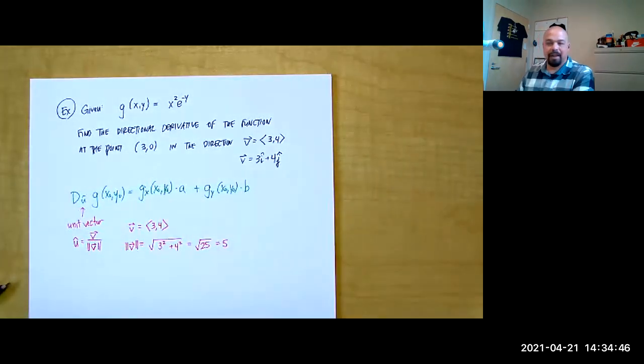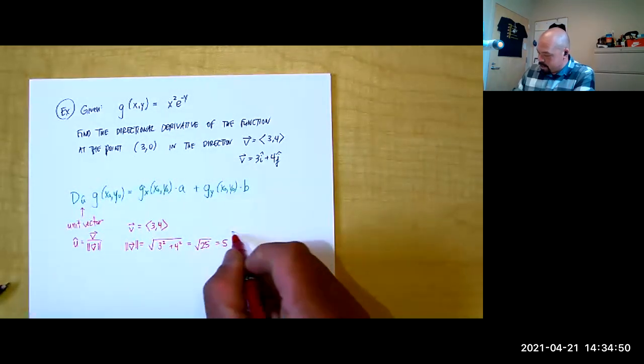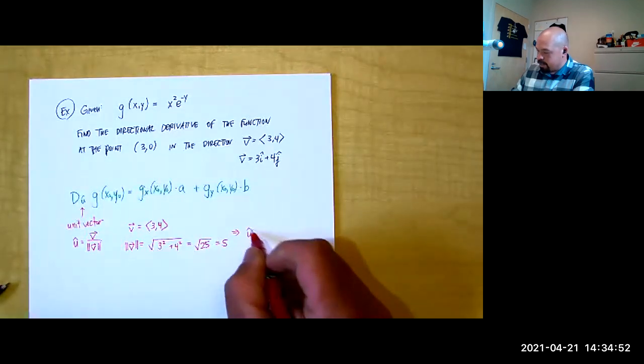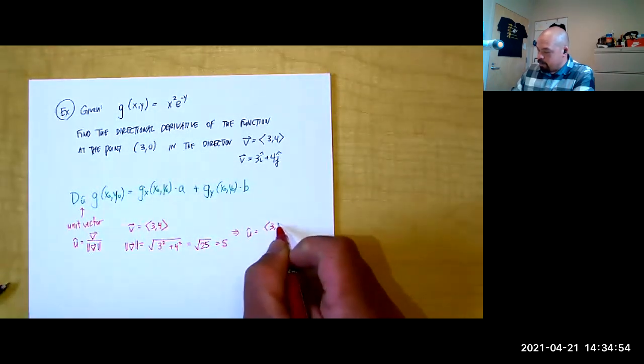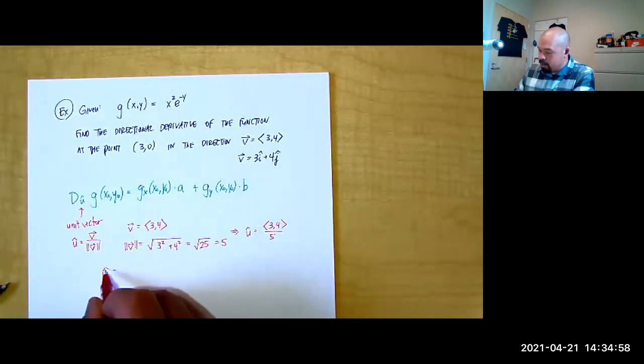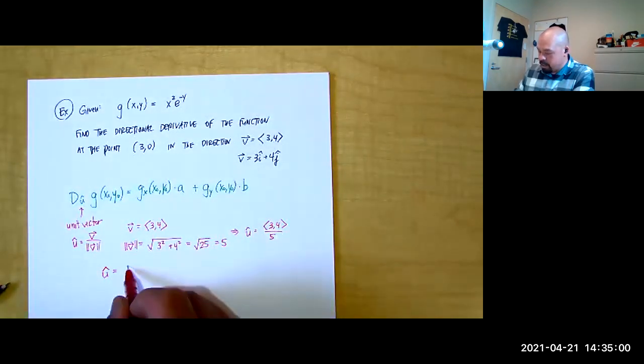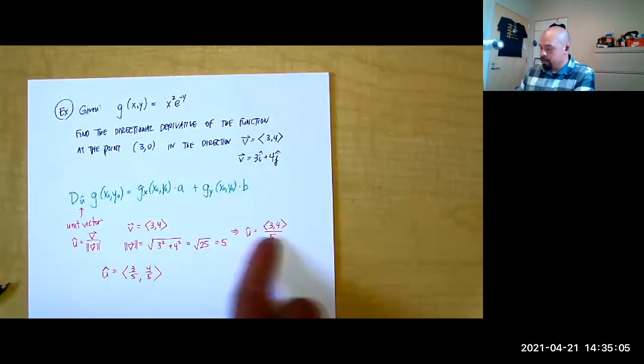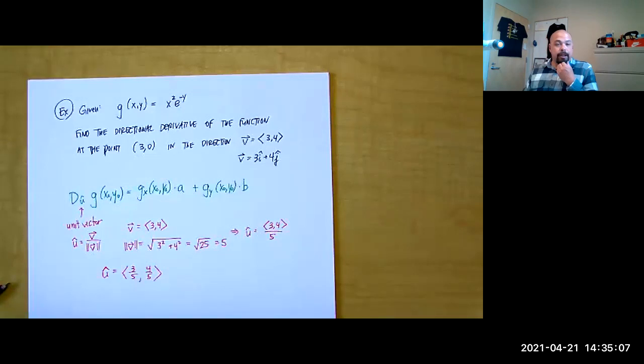That's 5, a common vector. So in this case, u hat is going to be 3, 4 over 5, or our unit direction vector, 3/5 and 4/5, both positive from the original vector.